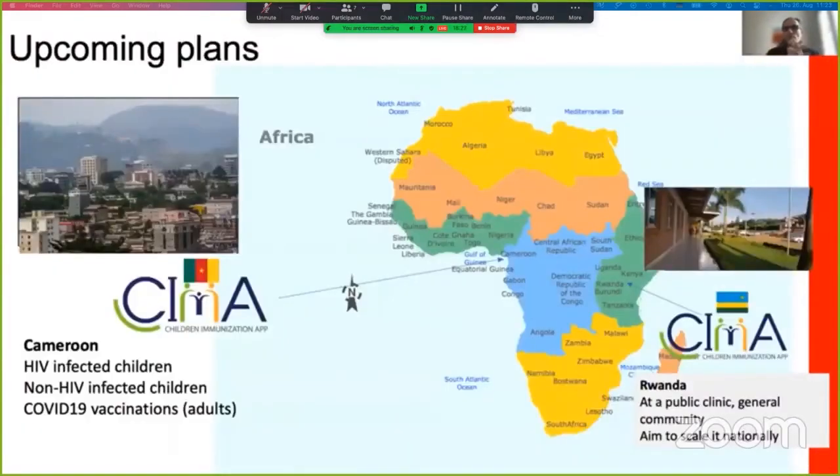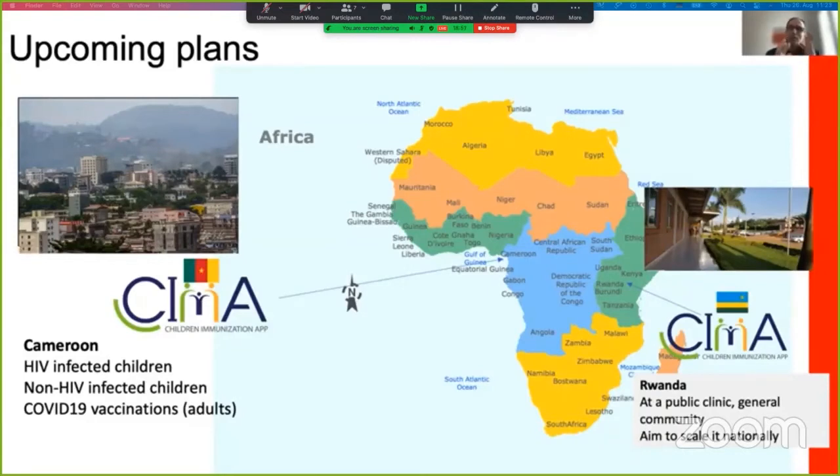Now, the way to move forward, the next step would be piloting the app in Rwanda at a public clinic, and in Cameroon as well. And in Cameroon, HIV-infected children will be included because of the peculiarity of the immune system of children infected with HIV, that to come on time for vaccination, they are a very vulnerable group.